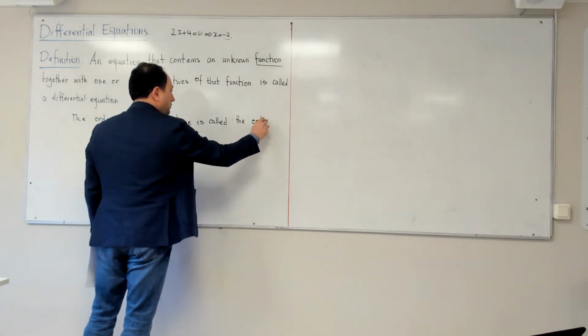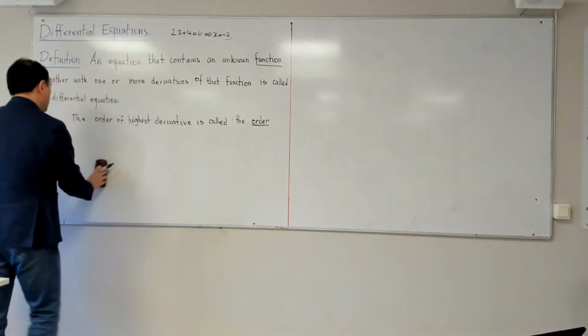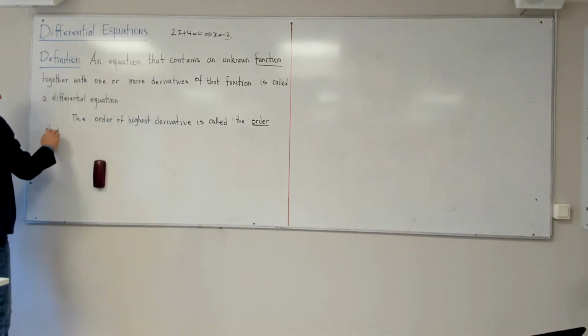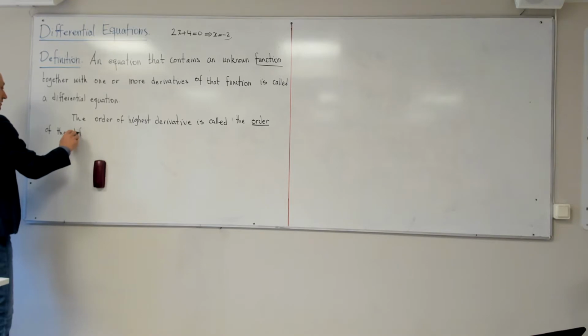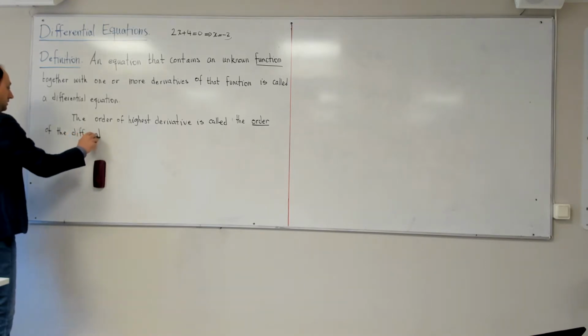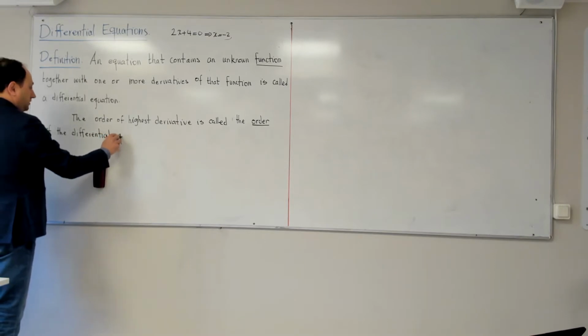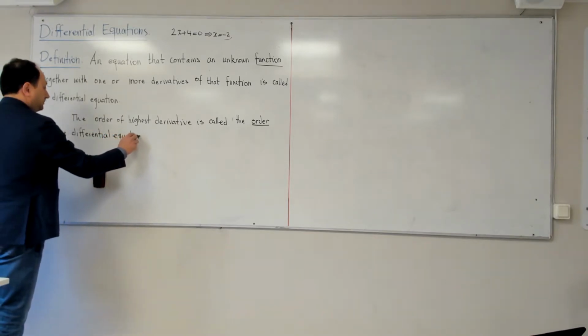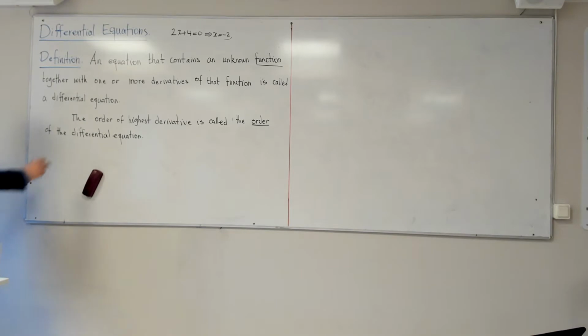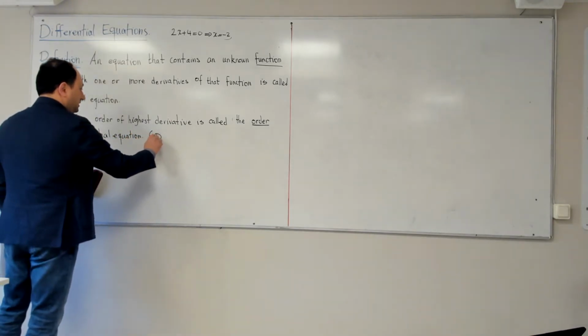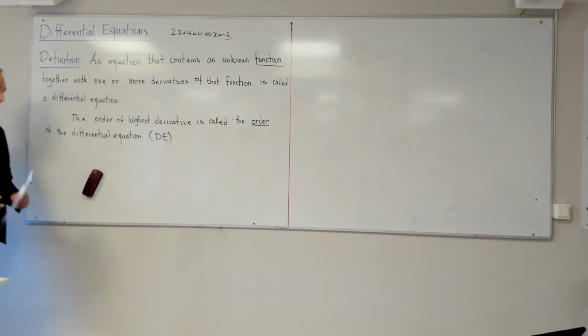So this word you need to know, the order of the differential equation. Okay, so this is something that you need to know. And instead of differential equation, I will write DE for short, okay?